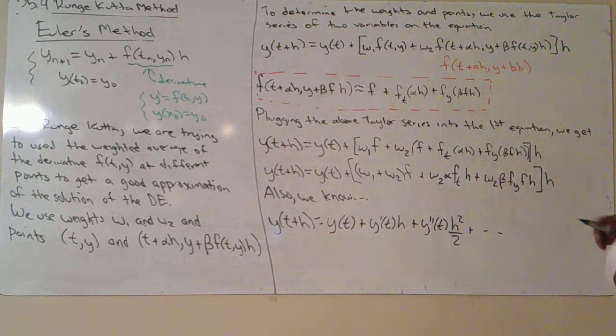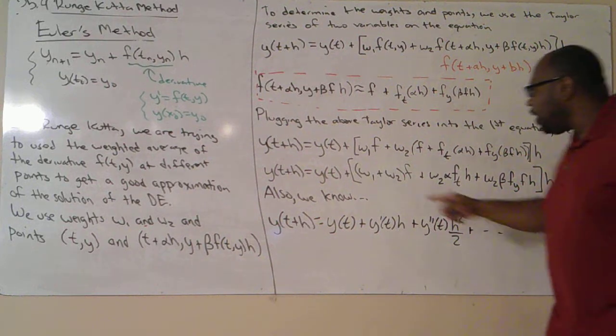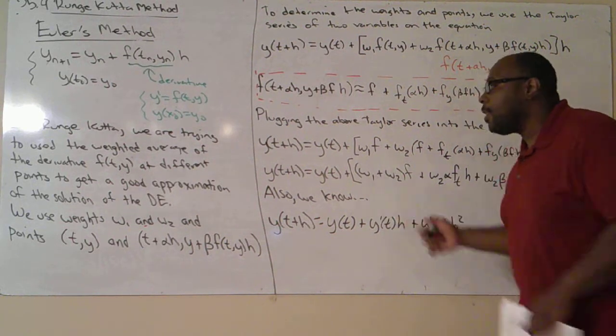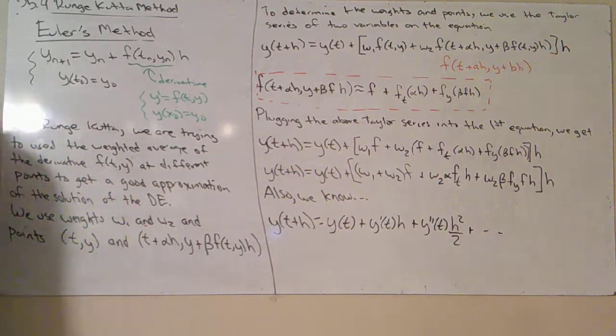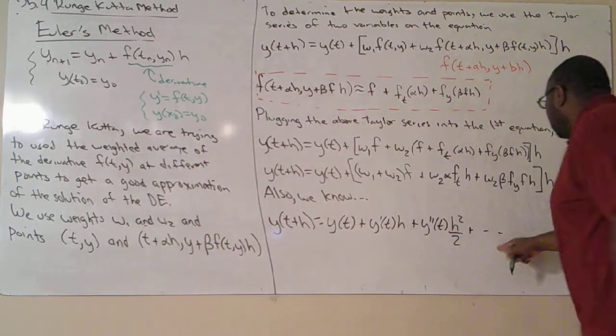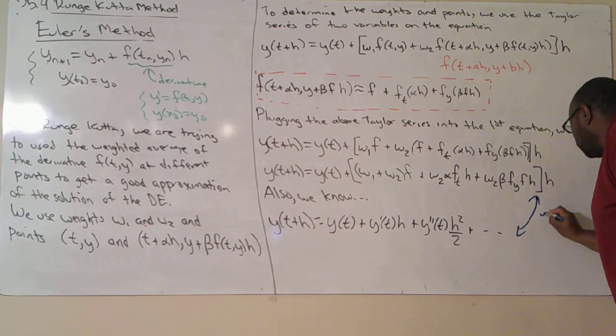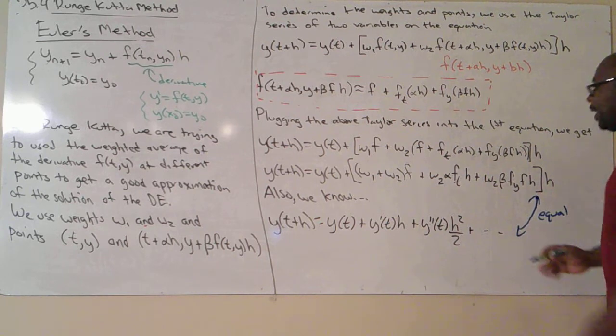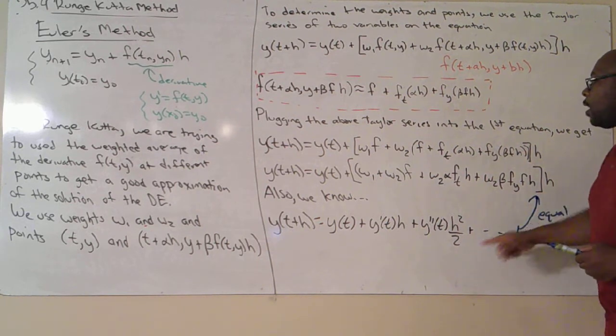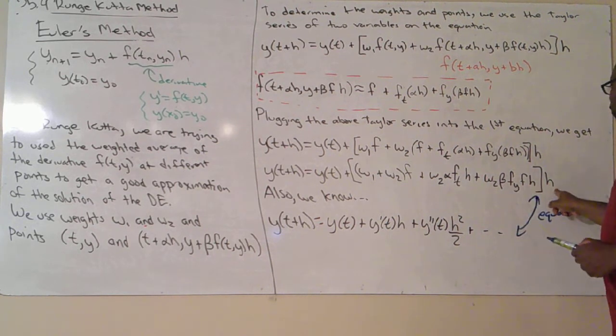So when we look at this, we say, wait a minute, these two equations should be equal to each other, at least up to h squared. The reason I say that is because I have an h squared. Can you guys see it?